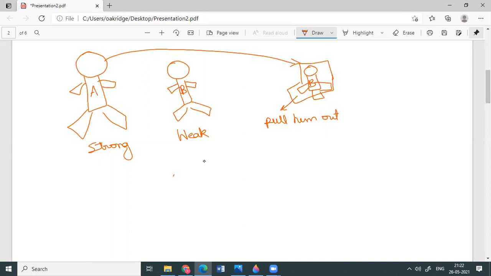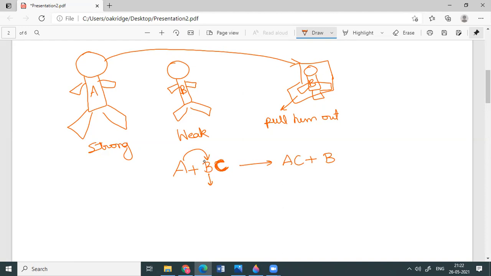Here, boy A is trying to displace boy B from the chair, right? C is the chair here. So he's quickly pushing B out and forming AC, that is, A is sitting in the chair and B is moved out. This is what a displacement reaction is.